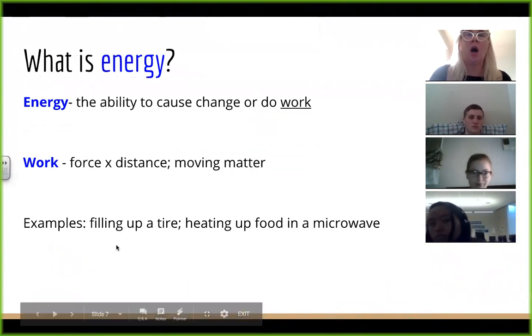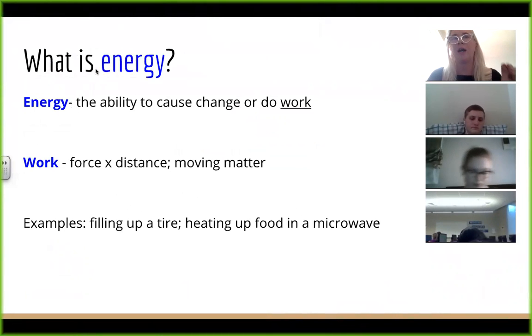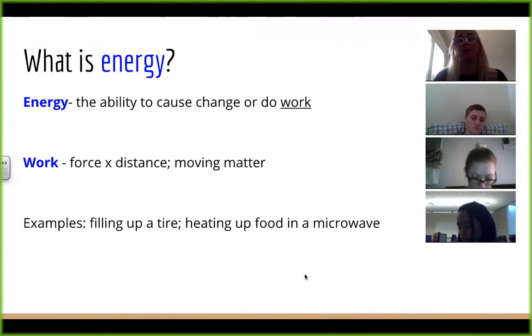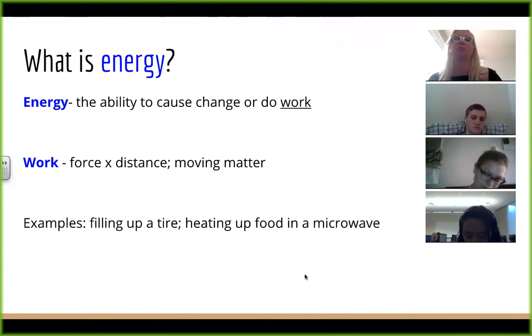So on the Cornell Notes, in the left side, where it says questions, you're going to want to write, what is energy? and you're going to want to define energy, work, and I would put examples. You don't have to put examples. So I'm going to give you about a minute to write this down.